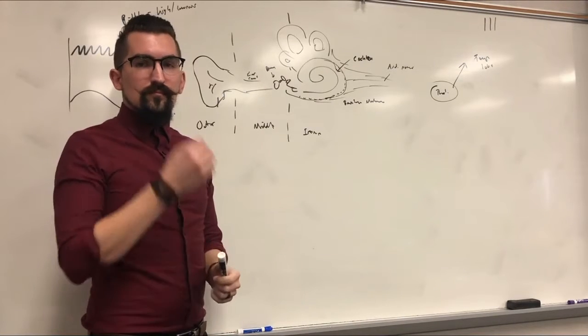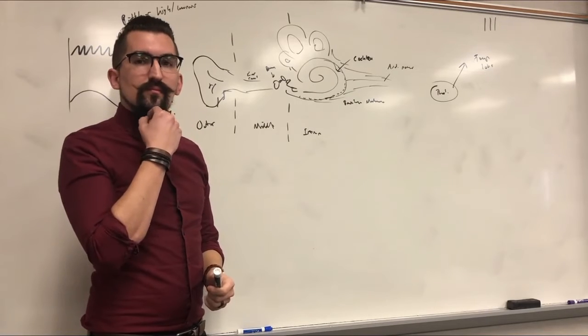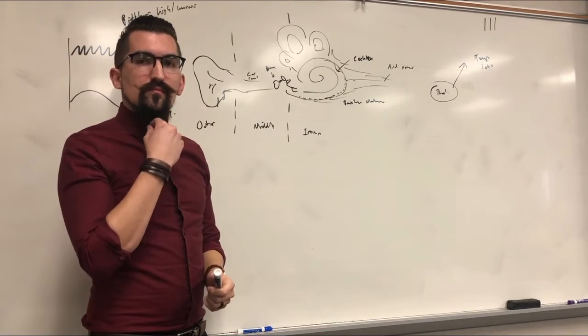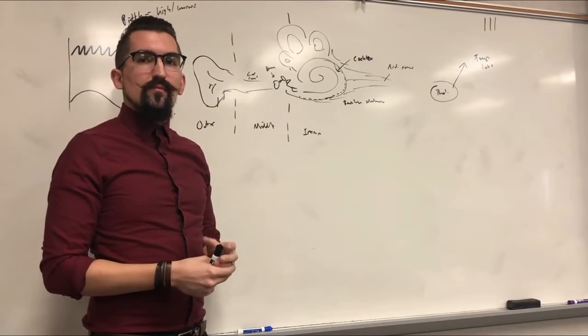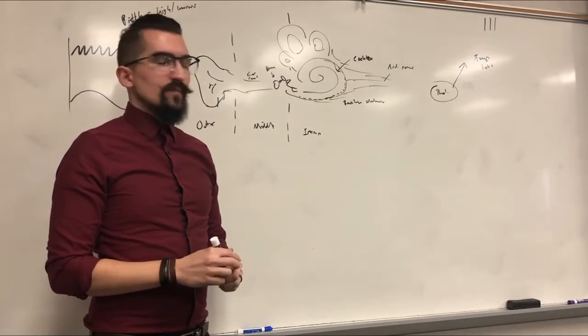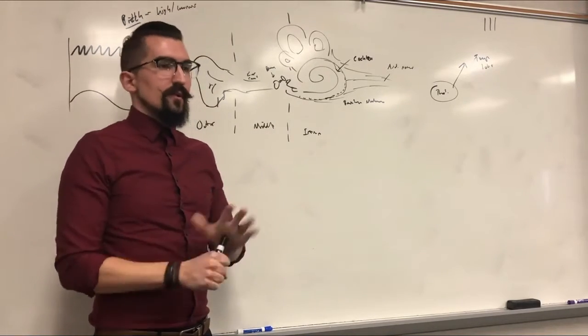The different hairs are of different lengths, so they pick up different frequencies. When those are activated, it activates the neurons connected to them individually that send neurochemical signals. Exactly. It's exactly like the eye. The actual cells are different, but the concept's the same.